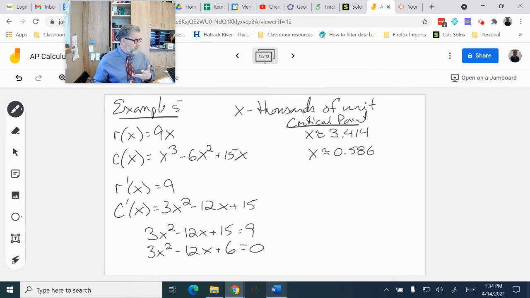So the question is which is a maximum and which is a minimum? We must have something going on there.